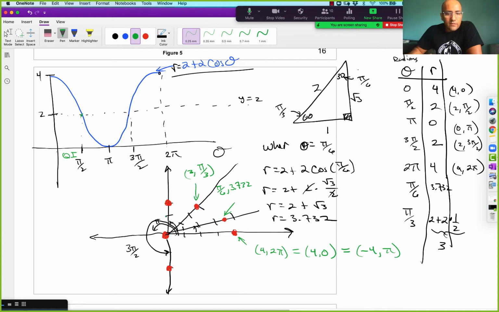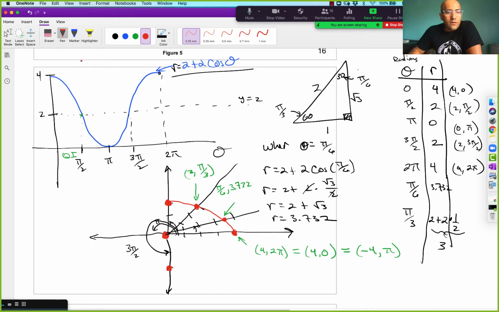The R value is getting smaller and smaller until it reaches 2, in a nice, smooth, consistent way, for all the angles between 0 and pi over 2. So this helps me confirm that this part of my graph will look like this.